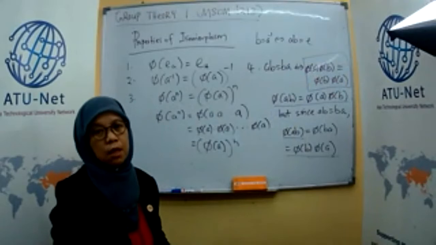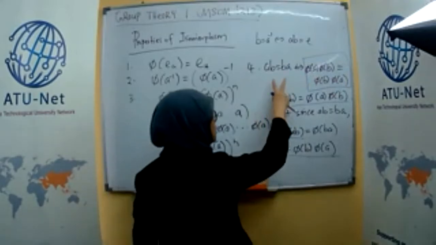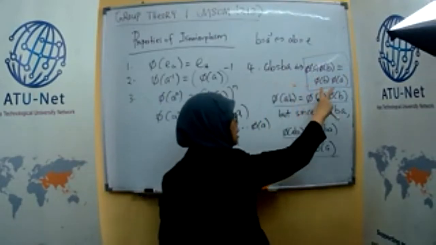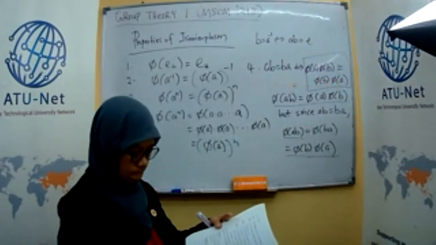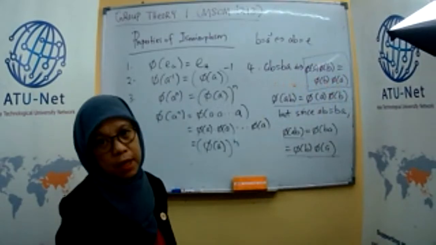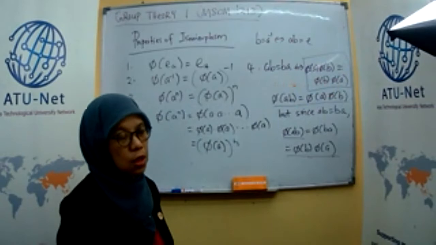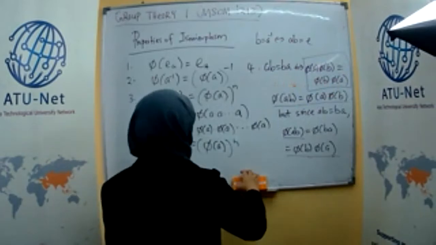What does it mean? It means if G is abelian, H is also abelian. If H is abelian, G is also abelian. So let me write this.